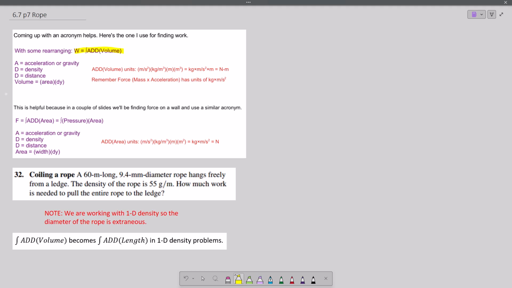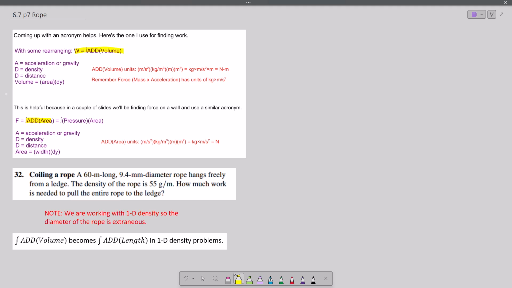Here's how we're going to remember each of the pieces in that integral. ADD volume. And when we get to the next situation with force on a wall, ADD area. One thing I want you to just notice right here, how many dimensions of length are we getting rid of in going from here to here? If we go volume to area, we've gotten rid of how many units of length?